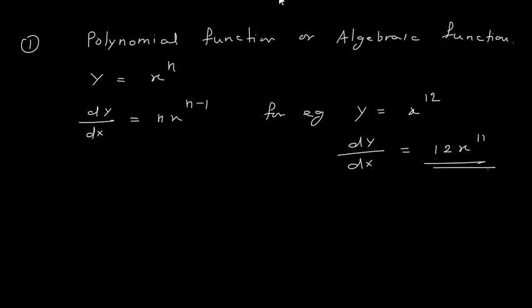Now I will discuss a few more formulas, like when y is a constant. Now when I say y is a constant, that is y is say c. Now there is no x term, so you can consider this as c into x power 0.